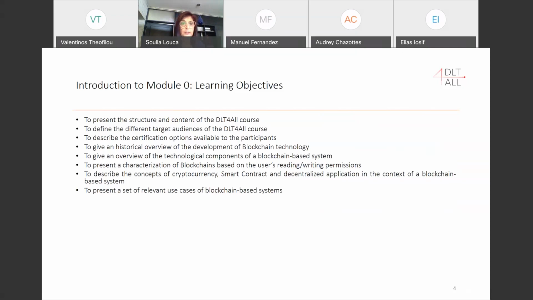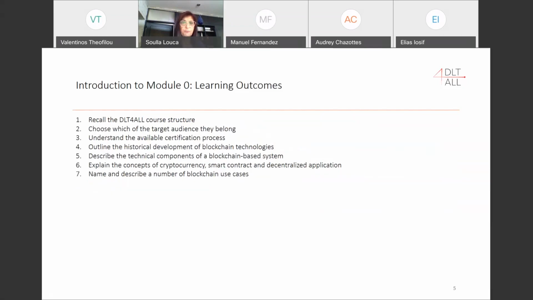In addition to that, we are going to have an overview of the technological components of a blockchain-based system, and present a characterization of the blockchains, describe the concepts of cryptocurrencies, decentralized applications, the smart contracts, and present a couple of relevant use cases, even though various use cases will also be presented throughout the rest of the modules.